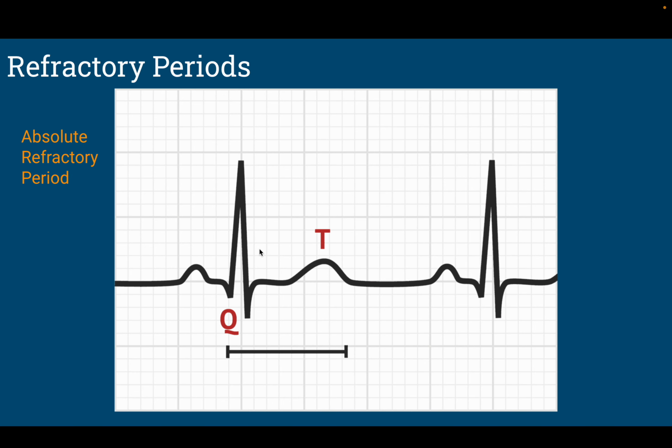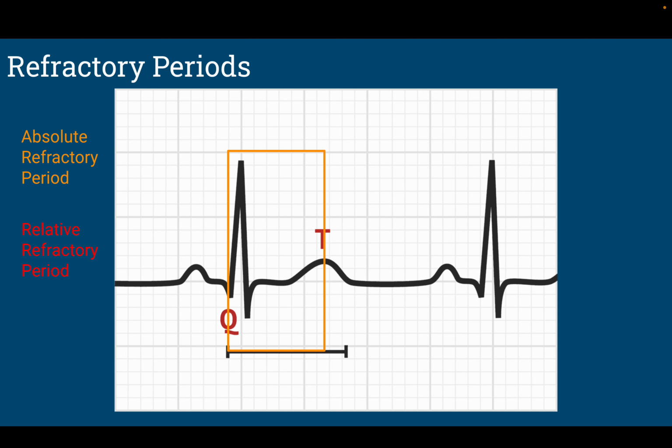An absolute refractory period means you have your stimulus, it met the threshold, and you're beginning depolarization. You will not be able to start another depolarization no matter how much stimulus you have between the beginning of the Q wave to the first half of that T wave. So, no matter how much stimulation occurs during this period of time, there will not be another depolarization.